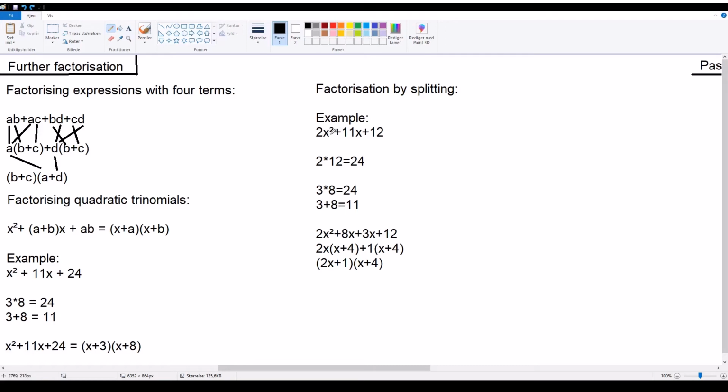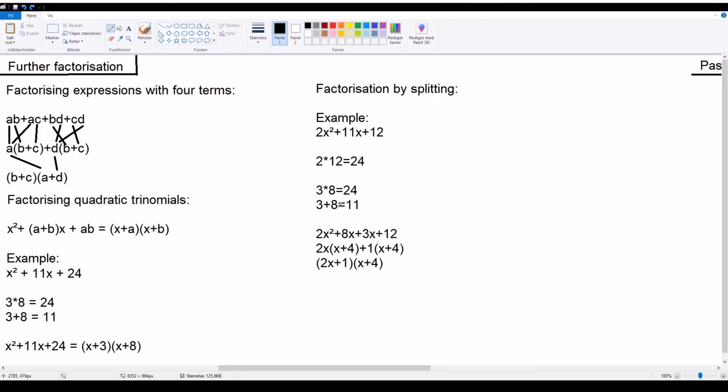This is because the way you solve this is by multiplying this first term by the last term to find out what the product of these two are, which then leads you to be able to find out what the two numbers should be. So here you take 2 times 12 equals 24, and you can know from before that what has the product of 24 and also the sum of 11 is 3 plus 8.